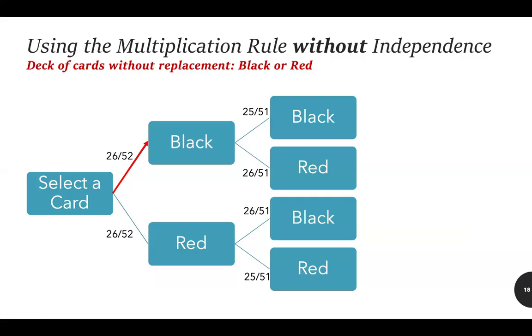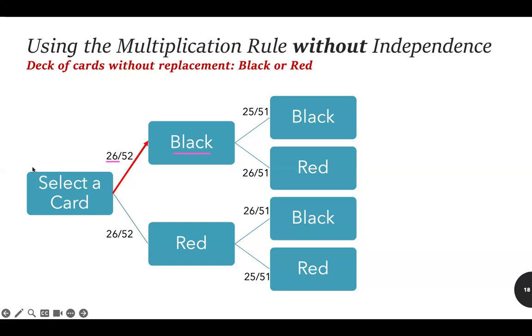So as an example, I have a deck of cards and I'm not going to replace them. So if I randomly select a black card and I take it out of the deck, that's going to reduce the number of black cards that are left. It's going to change the probability. So if I select a card, in a deck of cards we have 26 that are black, right? There's 52 cards total.